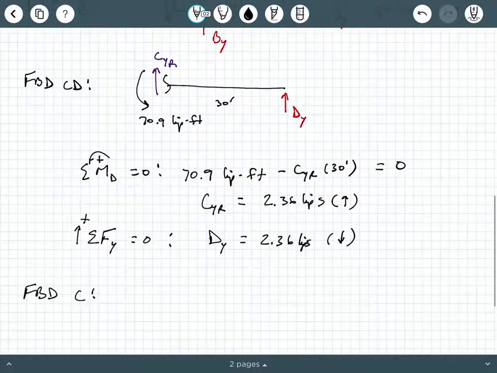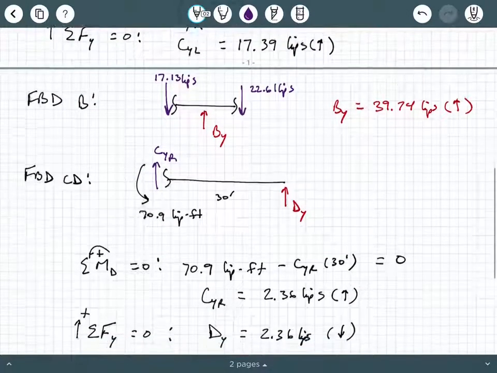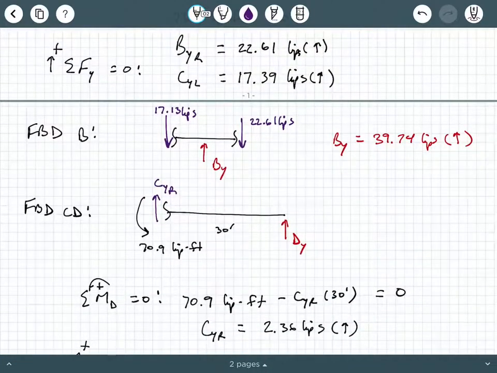And then if we looked at a free body diagram of C, we have an infinitesimal CY right there, CY right here, 2.36 kips, and then we would have a CY left.